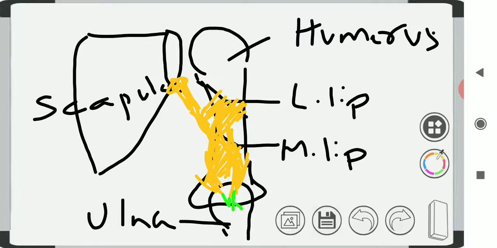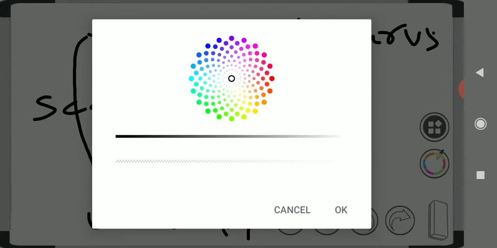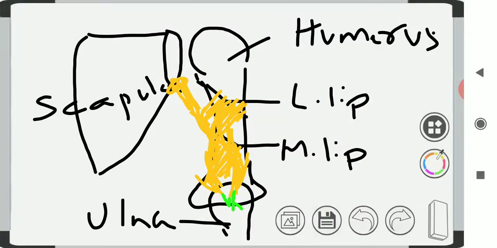Now it is on which surface, which aspect? Obviously this is the posterior view, so it will be the posterior part of the superior surface of the olecranon process of ulna. That is the insertion. I repeat, the posterior part of the superior surface of the olecranon process of ulna.